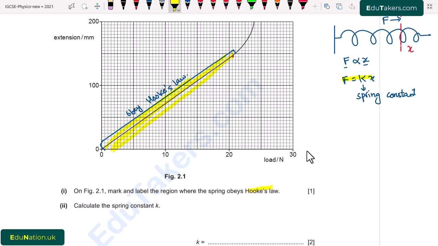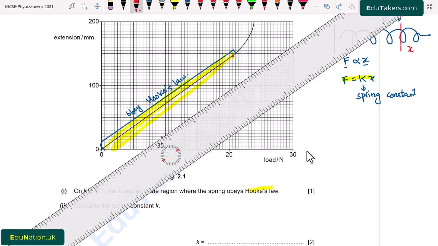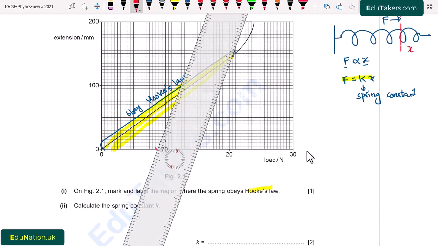So let's suppose that the point is, you can see from here that 2 box is equal to 1 Newton. Because 2 small box is equal to 1 Newton, that's why 2 big box is equal to 10 Newton. So if I suppose that this is the point and I have to find out its corresponding extension values, I meet it with the graph and then find out its extension values.